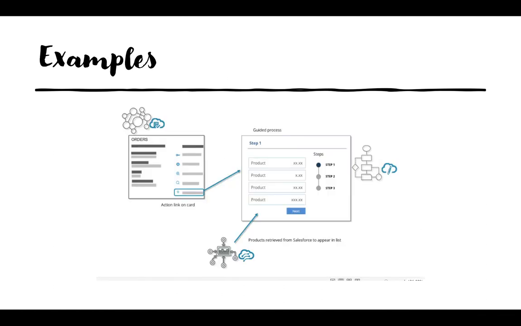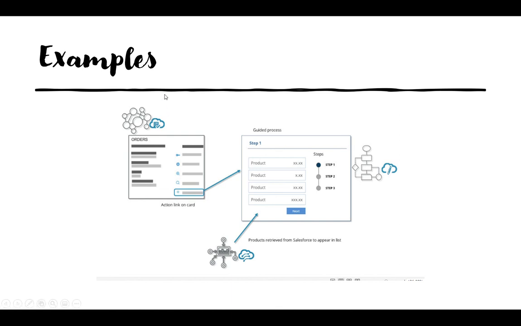So in this example here, in the first step, we have an agent who wants to make a command, for example, to order a product. I want to create an order.